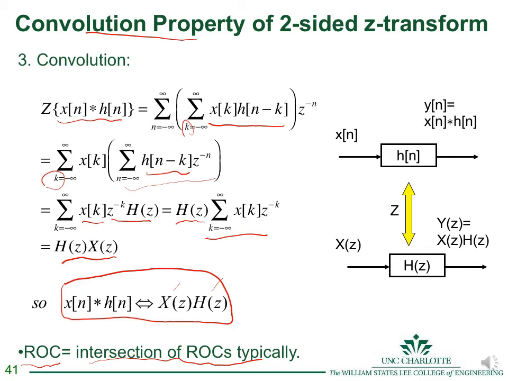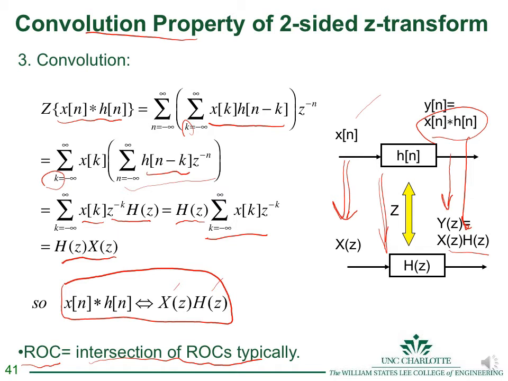Just as in Fourier transform, we can take the Z transform across the block diagram. So x of n gives X of z, h of n gives H of z, y of n gives Y of z, and the convolution gives the product of the two Z transforms. And so this is another illustration of the notion that the time domain view of the signal is one language, and the Z domain description of the signals is, let's say, another language.